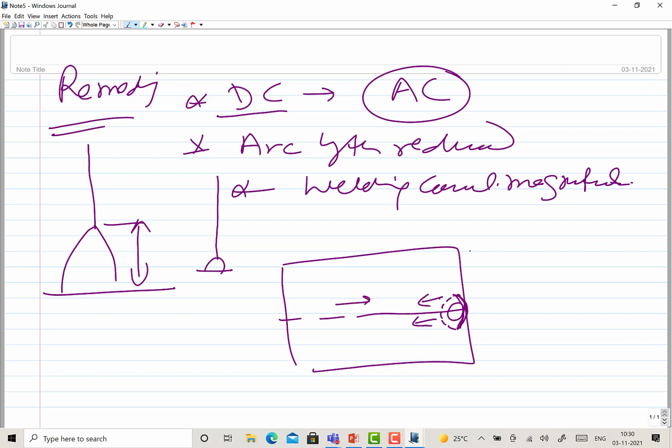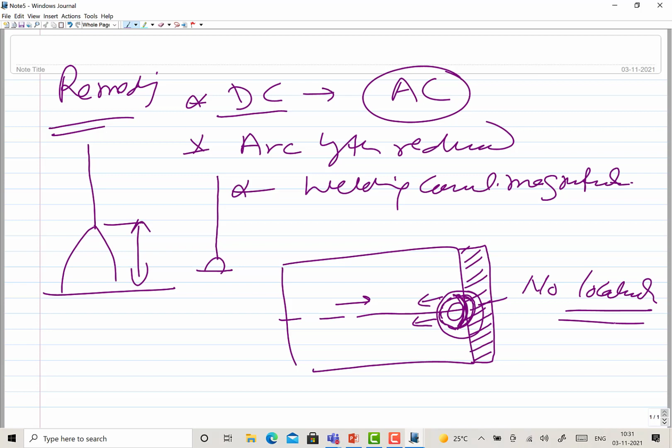To neutralize this, we place one metallic piece here. Now the magnetic lines can start flowing through the steel block, which has been placed touching the metal plates being welded. Because of this equalized distribution of the electromagnetic field, there is no localization of the magnetic field, and so the deflection tendency is reduced.